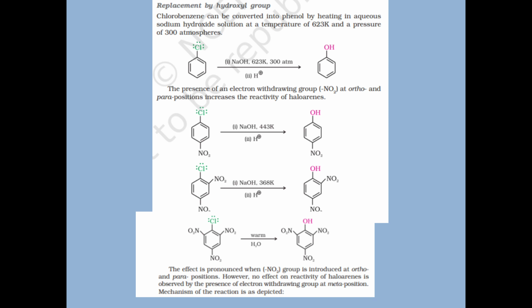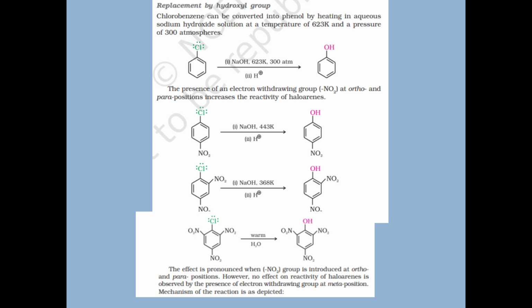In the third reaction, the reaction condition is even more relaxed, and in the last, fourth condition, no basic medium is needed, only warm water is needed to produce 2,4,6-trinitrophenol, or picric acid.